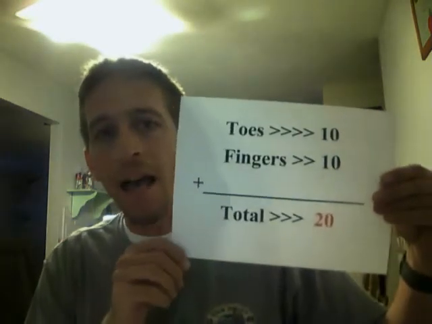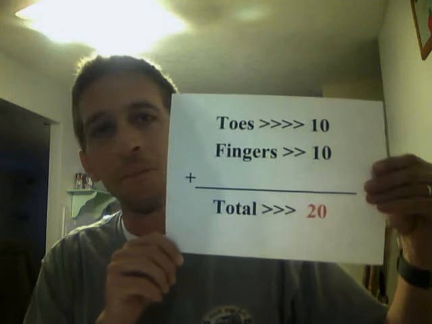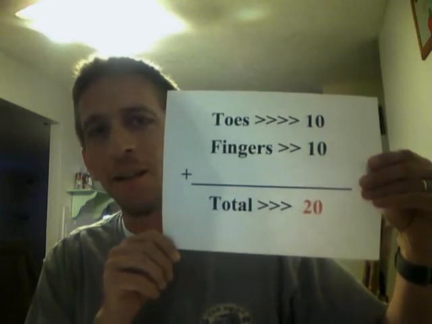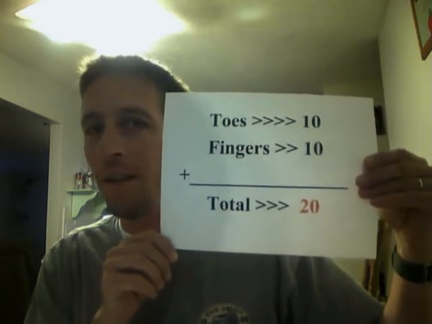So to start this simple but basic story problem math situation, we must first look at the two numbers given to us initially. Here, I have 10 toes and 10 fingers. Gives us a total sum of 20 digits.